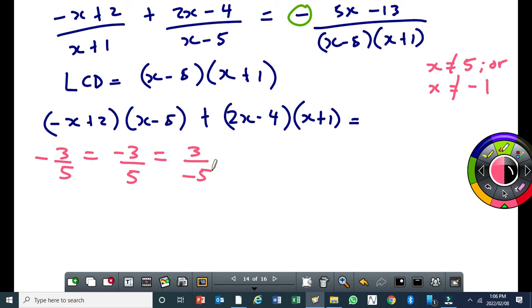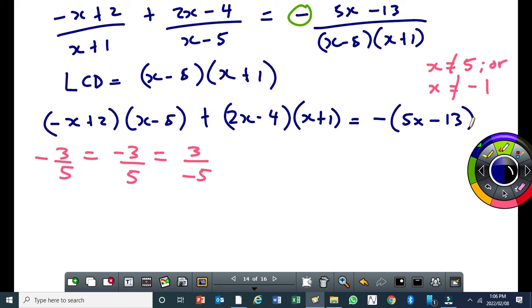But when you're working with fractions, it's always better to make your numerator negative. So this minus here, be aware that our numerator is a binomial. That minus affects the 5x, it affects the minus 13. So I can write that now as minus, open bracket, 5x minus 13. That's how you can deal with that minus.